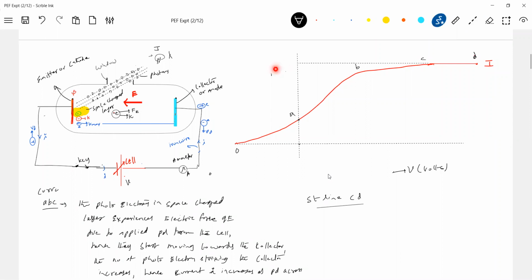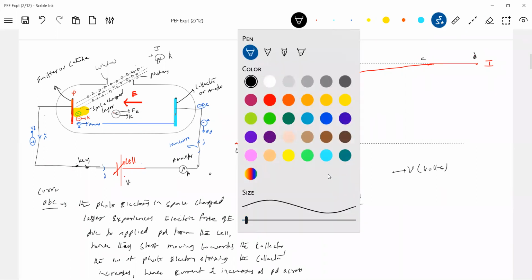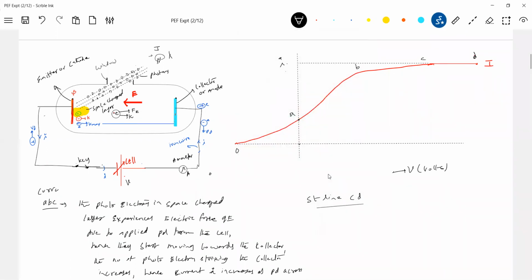We will call this I saturation. So the current got saturated. A constant current flows after that.